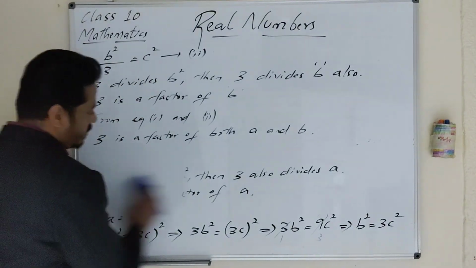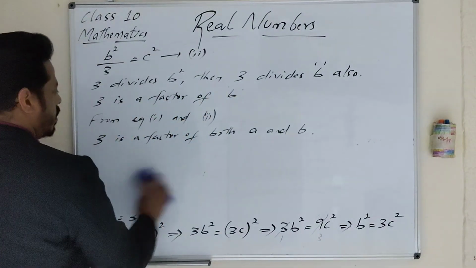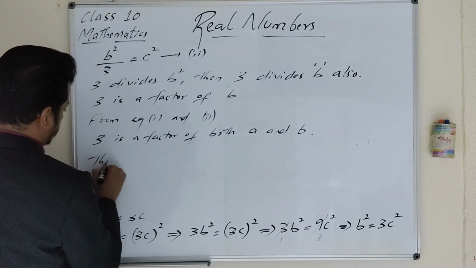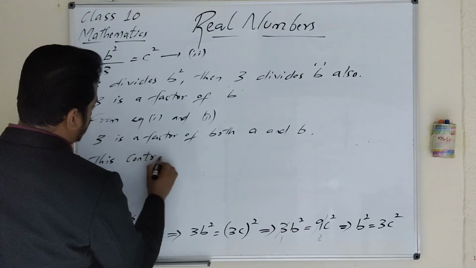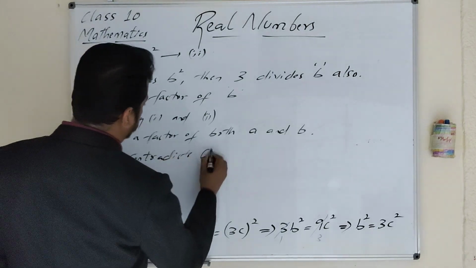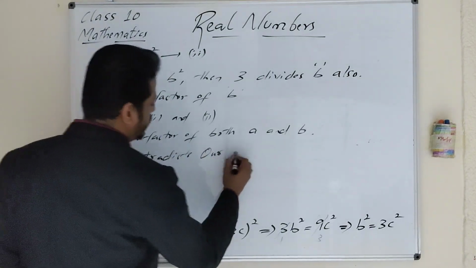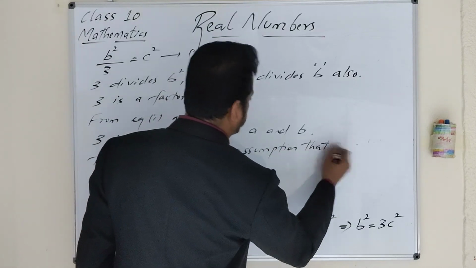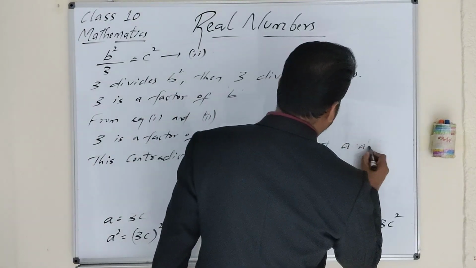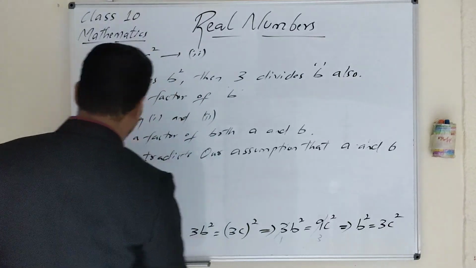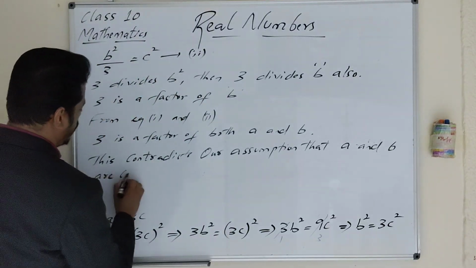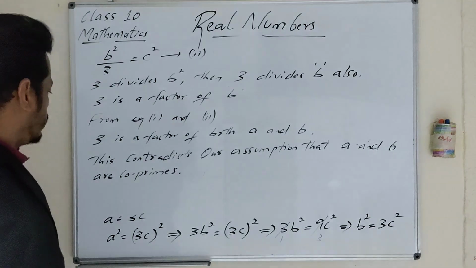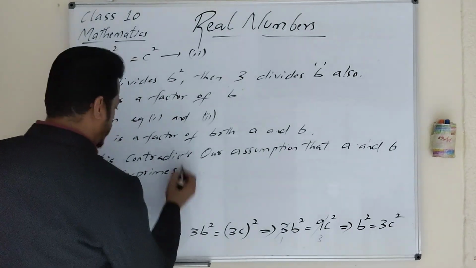So here you can write: this contradicts our assumption that a and b are co-primes.